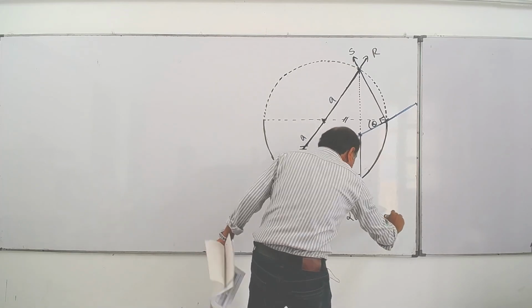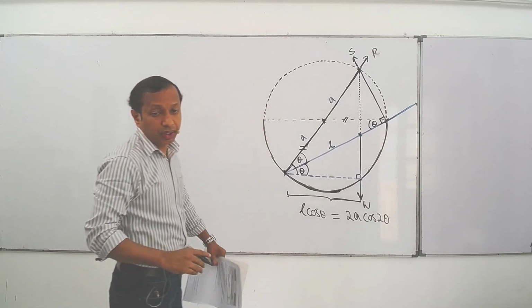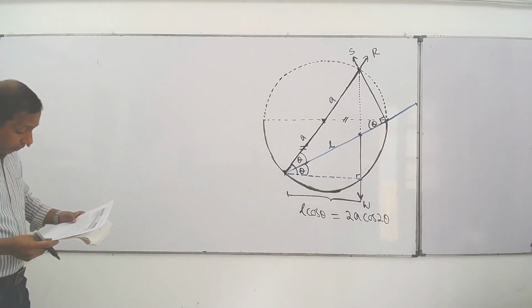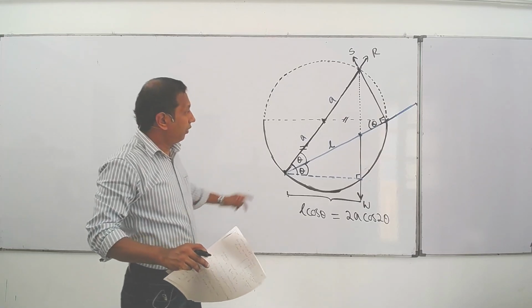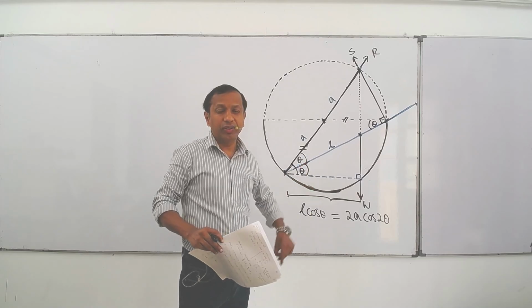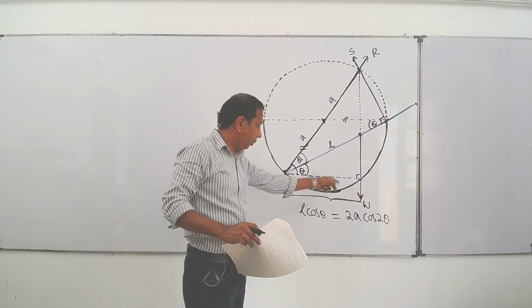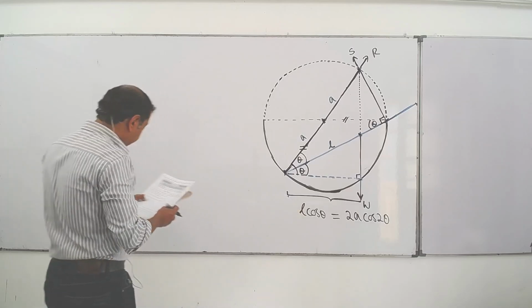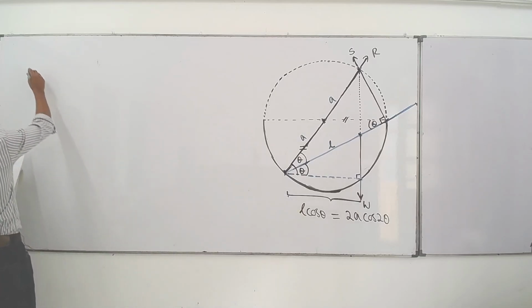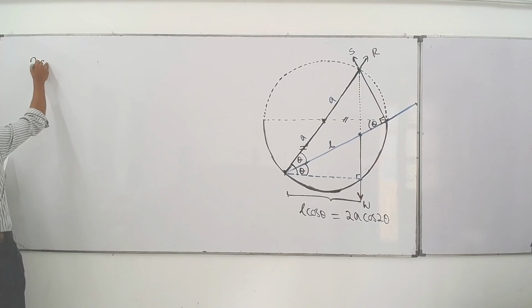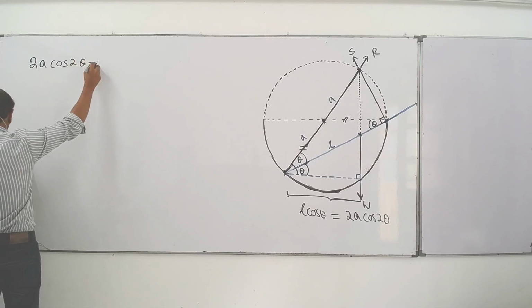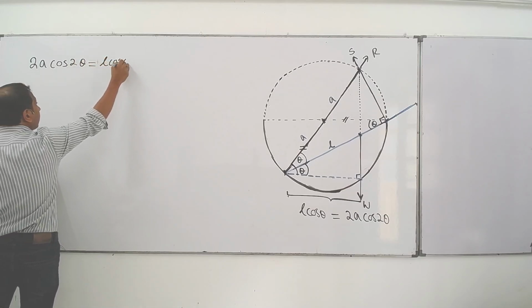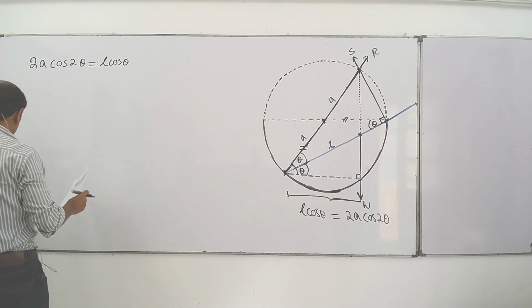So by geometry we get the answer very easily like that. Therefore, we have 2a cos 2 theta equals L cos theta.